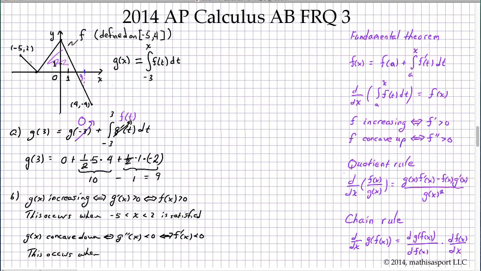So here's one place where we have a negative f prime, and here's another region where we have a negative f prime. So what do we have? -5 to -3. We have a negative slope. And 0 to 4.